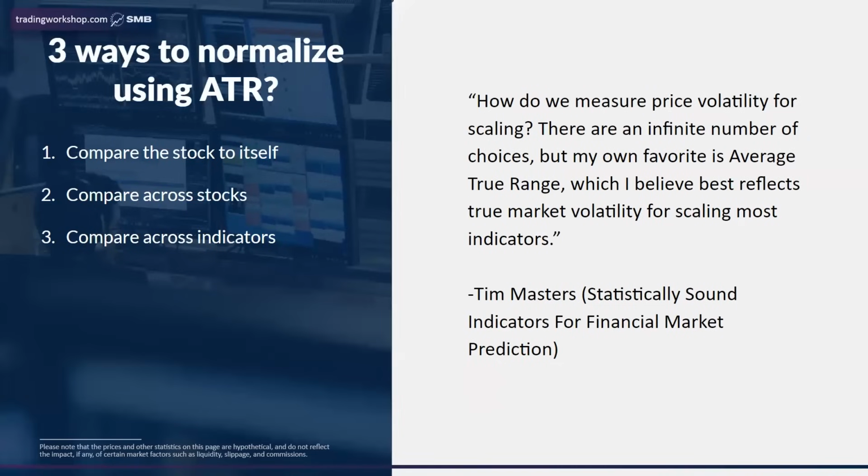Third, we can also compare across indicators. This is a little more subtle, a little more nuanced, and we're not going to get into detail on this today. But the general idea is that a lot of indicator readings are a product of the magnitude of the price moves going into them, of course for indicators based off of price.